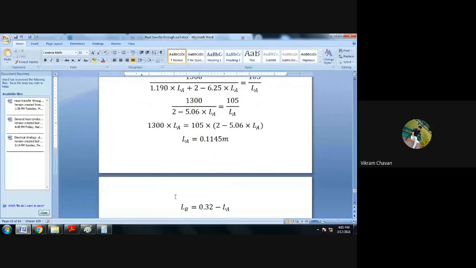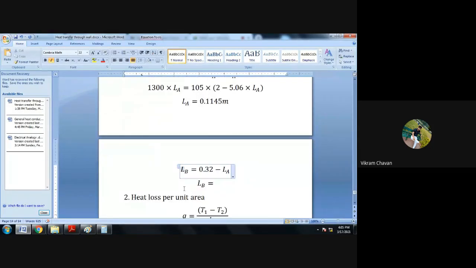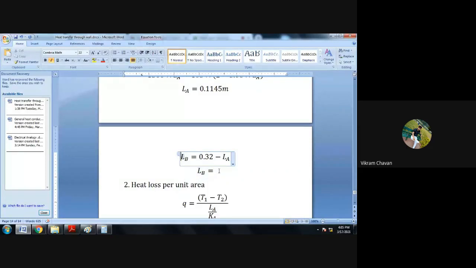So for the calculation of L suffix B, we have to use the given data. L suffix B is equal to 0.32 minus L suffix A. Please let me know your answer.